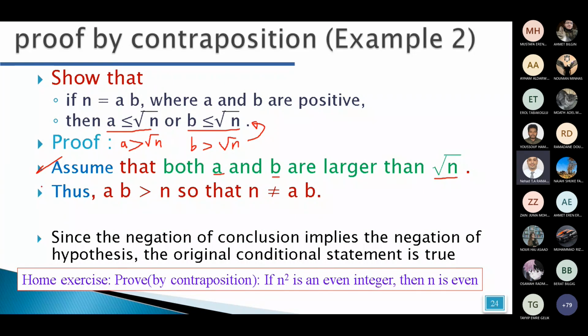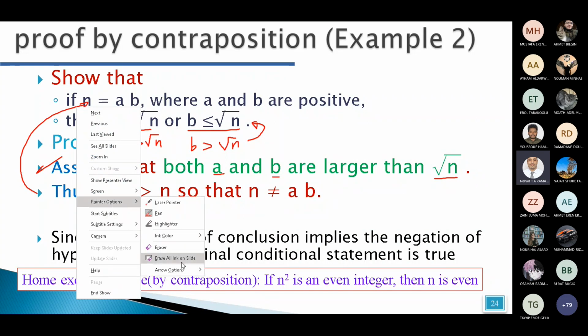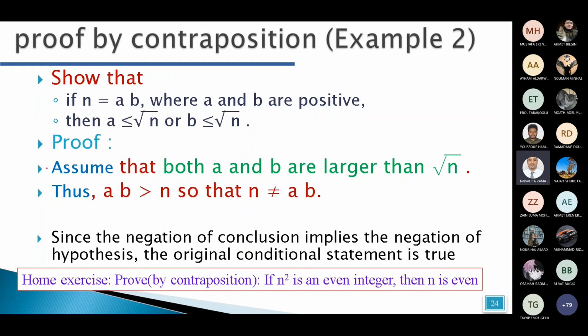Then we need to apply our assumption here. How to apply it? We have to get a multiplied by b. The assumption is a greater than root of n, and the other assumption, b greater than root of n.